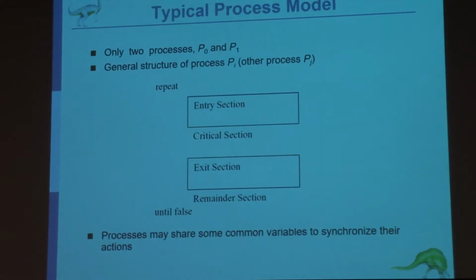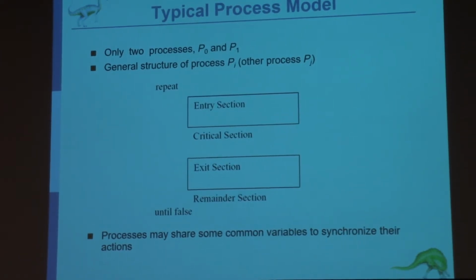So this is the diagram to understand the critical section. What we are going to do is add code in the entry and exit sections to solve the problem of synchronization. Then what about when you have two processes, process I and process J, or 0 and 1?